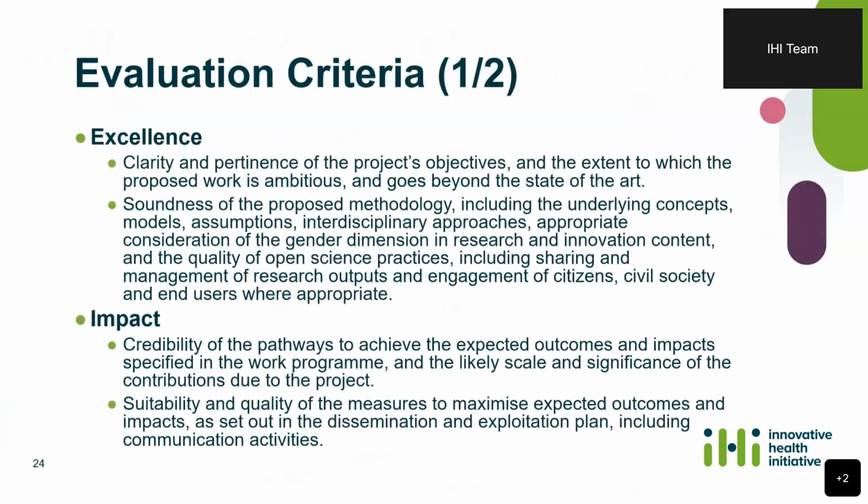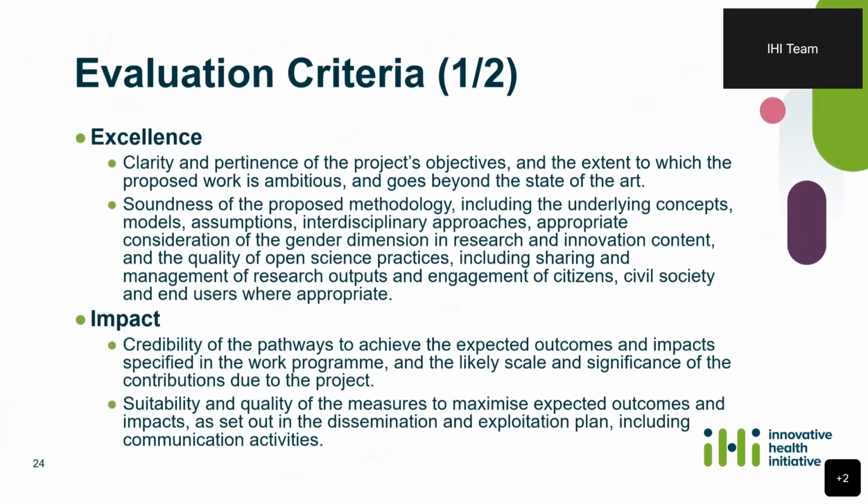So in this slide, and you have access to this information also in our website, these are the evaluation criteria and the sub-criteria that we have under each criteria. For instance, here under excellence, you have 2 sub-criteria. The first one being clarity and pertinence of the project's objectives. The second one being soundness of the proposed methodology.